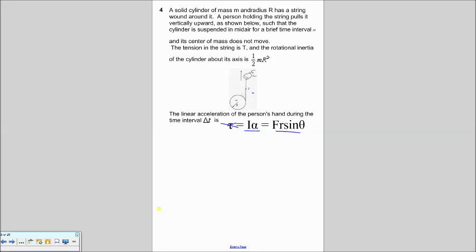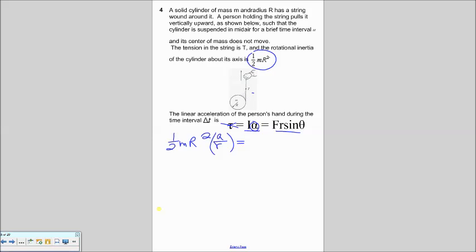Okay, so I is right here. So I have 1/2 m r squared. Now alpha, you can leave it in terms of alpha and put it linearly later. I'm just going to do it now so I don't have to worry about it later. Angular acceleration is linear divided by radius. Now the sum of the forces times the radius.